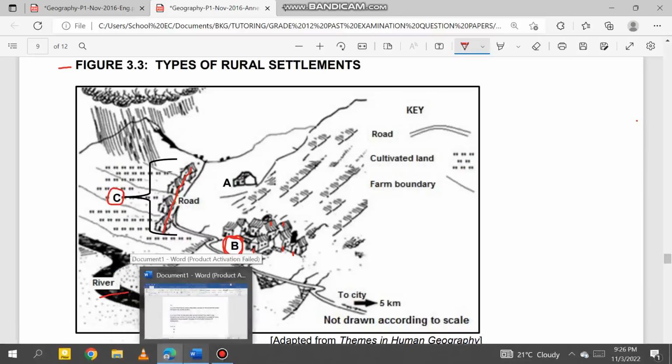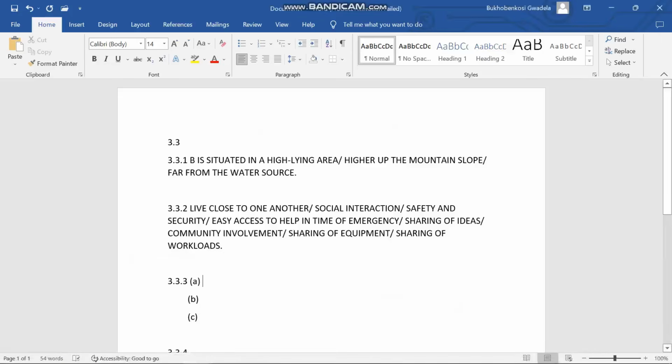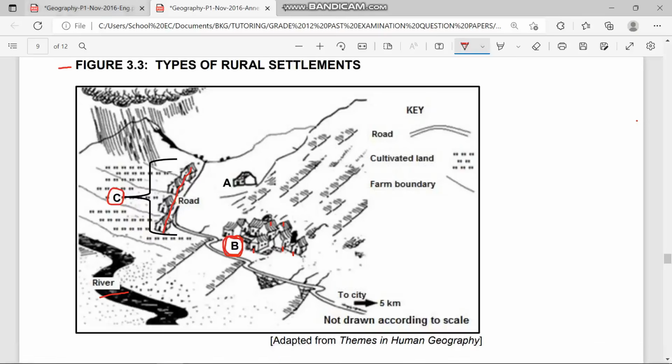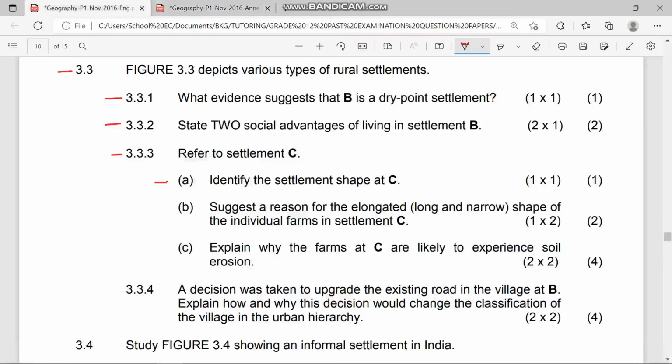It's a linear pattern or linear shape. Okay, B. Let's jump to B without wasting any time.